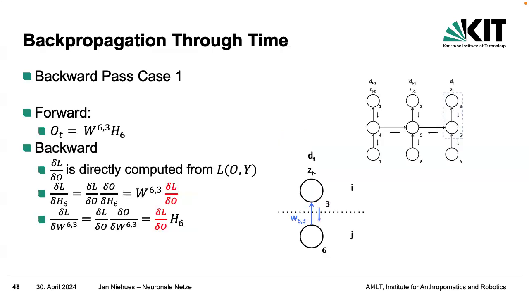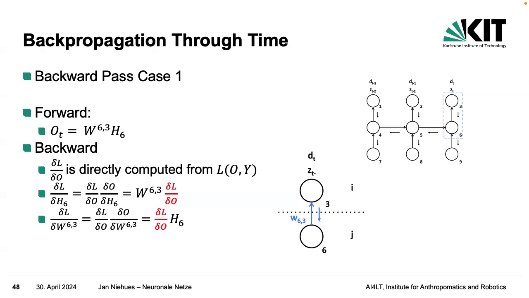How we calculate the forward pass is: the output at 3 is W63, the weight between 6 and 3, times our hidden representation at 6. If we are now doing the backpropagation, what we are interested in is the derivation with respect to weight W63, to change the weight.